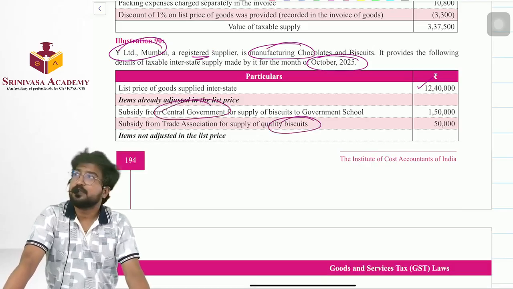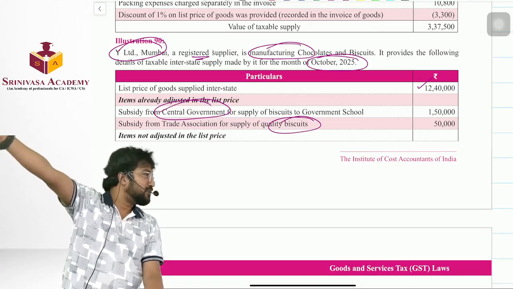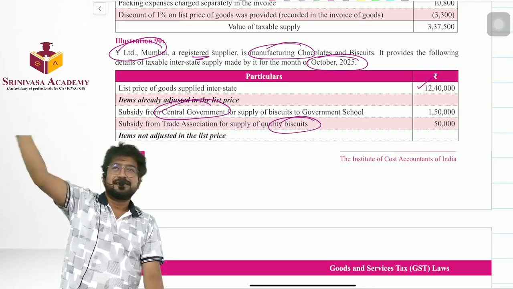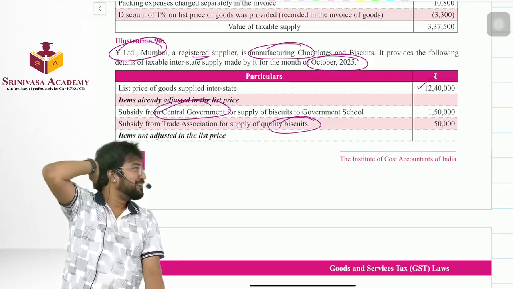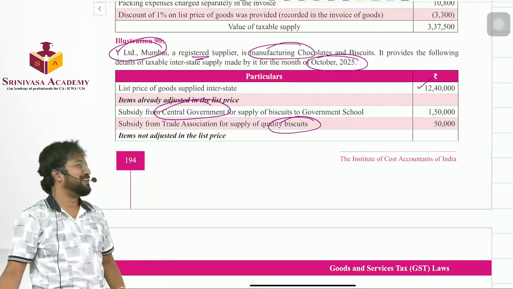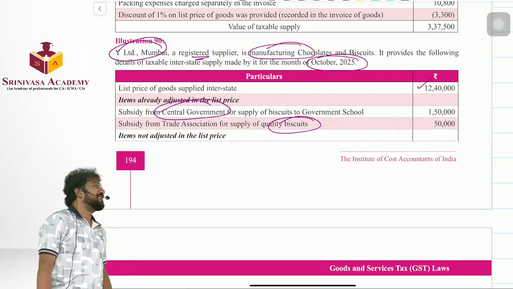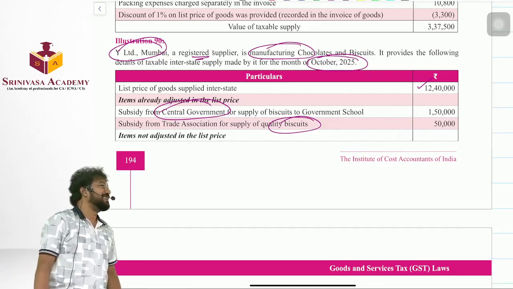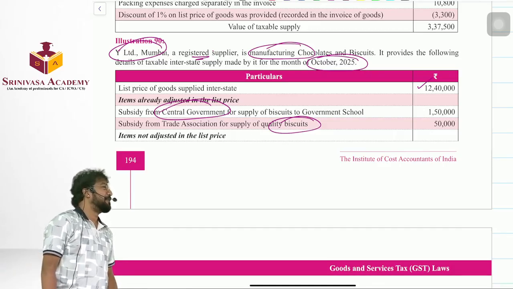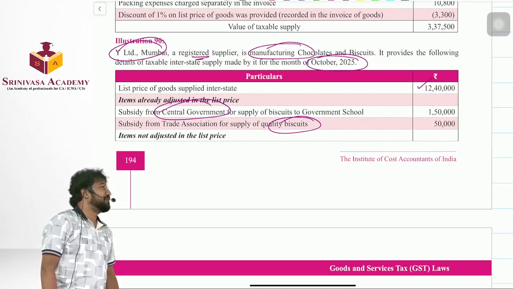So subsidy from central. You are in Chennai, not Ooty Kodaikanal.